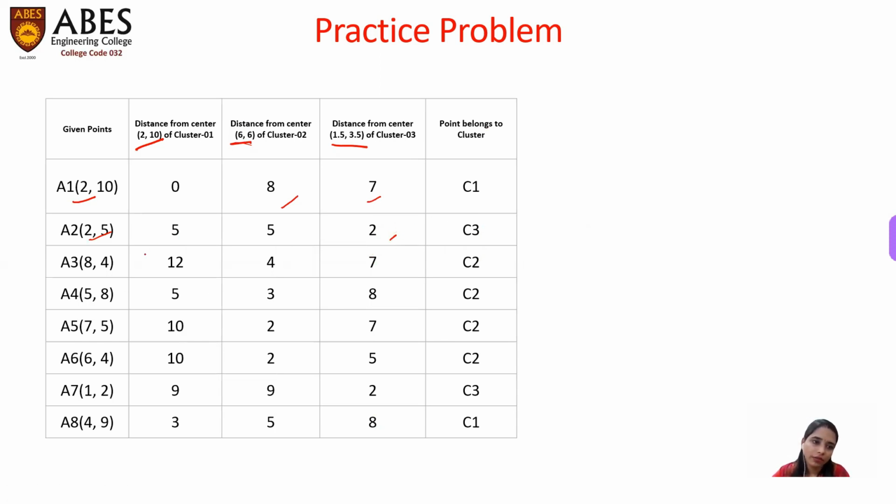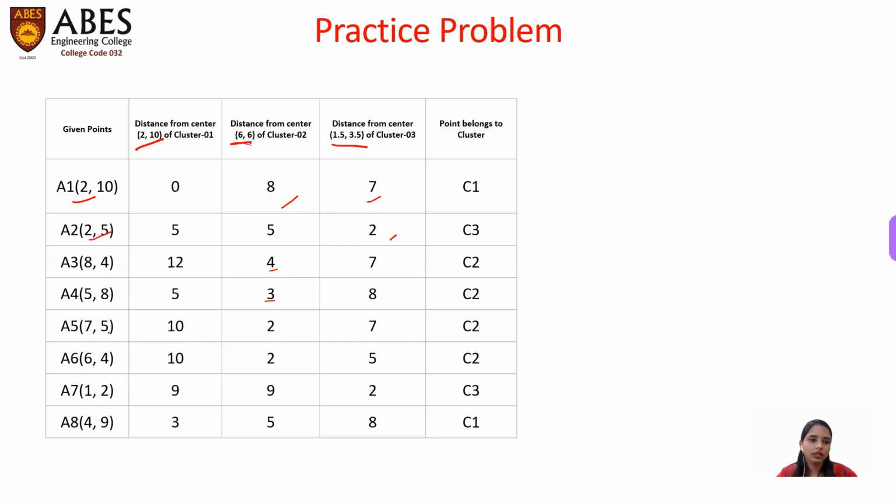Then again, we will look for the distance of data point A3 from all the clusters. So 4 is the lesser value. Then the data point A3 goes to cluster C2. Then for data point A4, the lesser distance is 3. And this is the distance from cluster 2. So the data point A4 also goes to cluster C2.